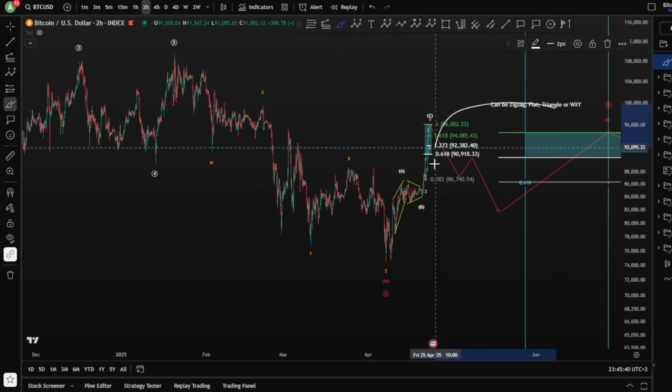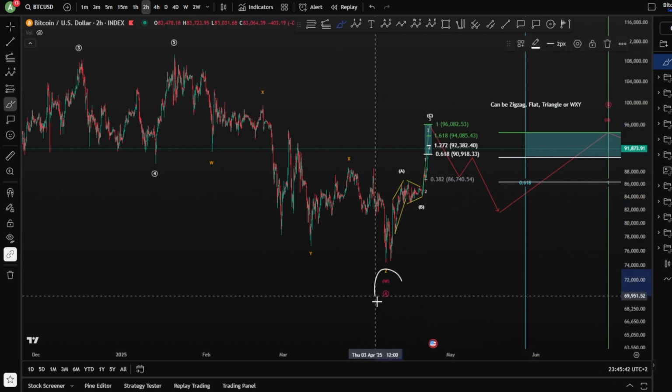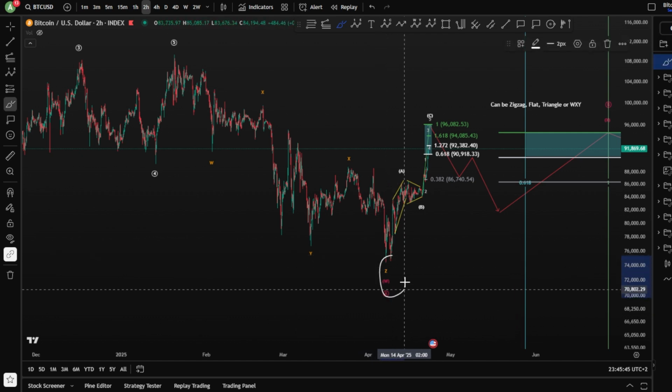Those sub-scenarios in this area might unfold only when a wave A has finished in this bottom.